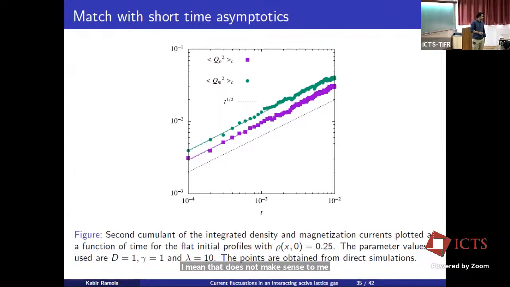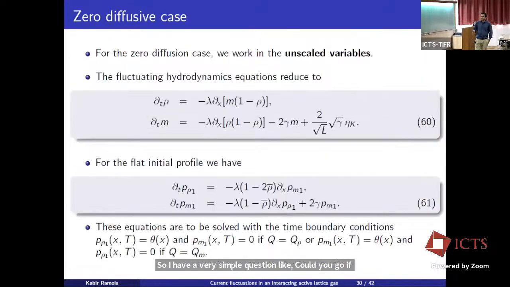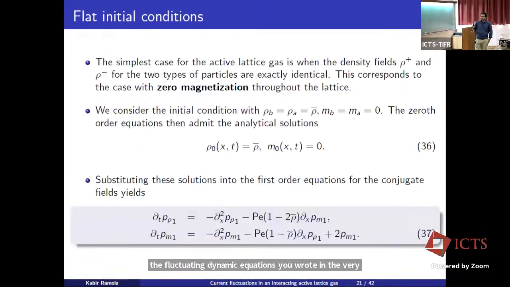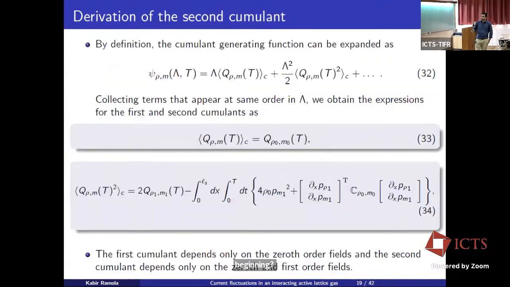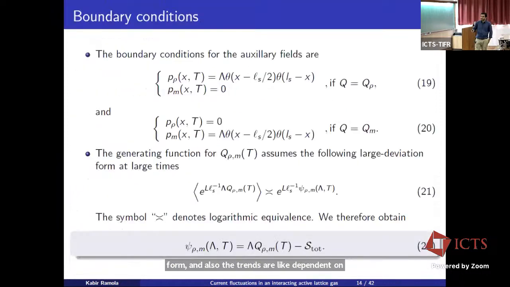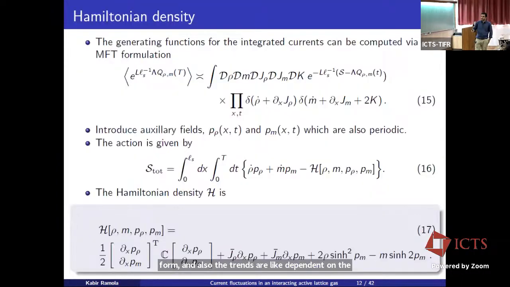Okay, there's another question there. I have a very simple question. If you go back to the fluctuating hydrodynamic equations you wrote at the very beginning, how do you put the noises? It has some specific form, and the strengths depend on the parameters of your microscopic lattice model, right?